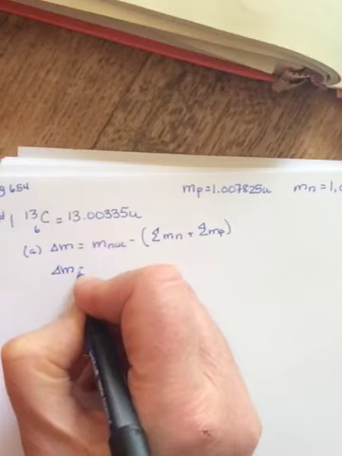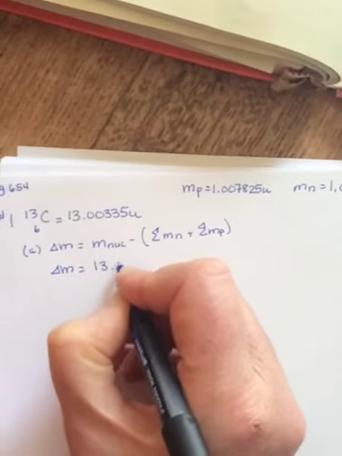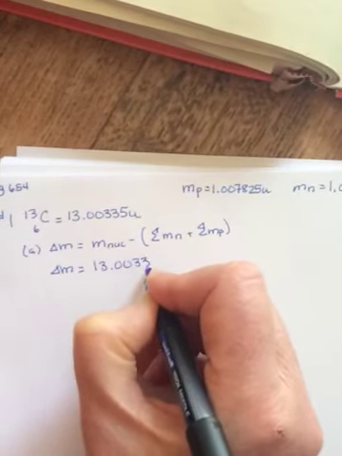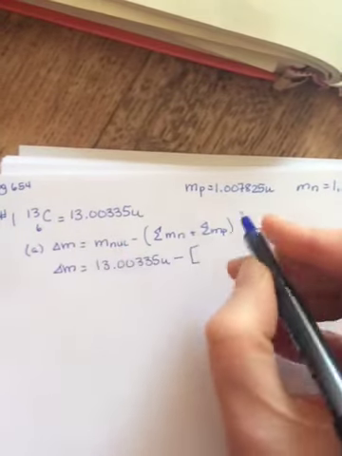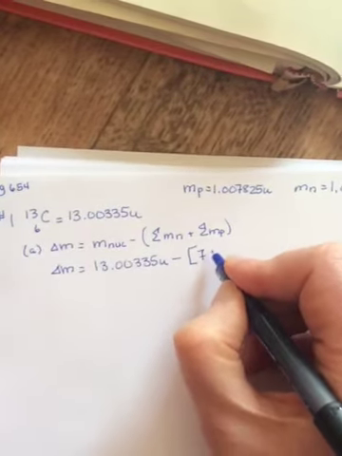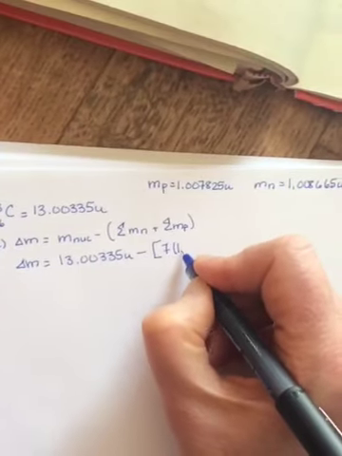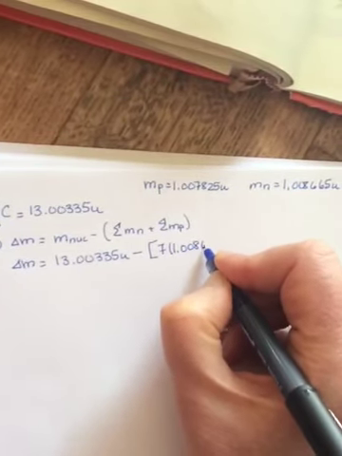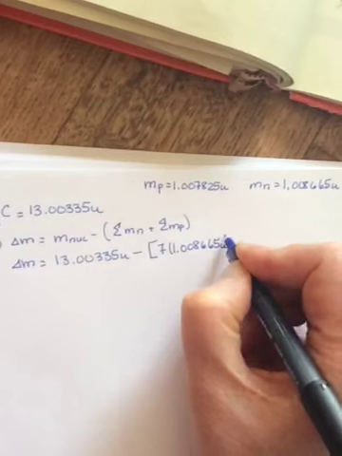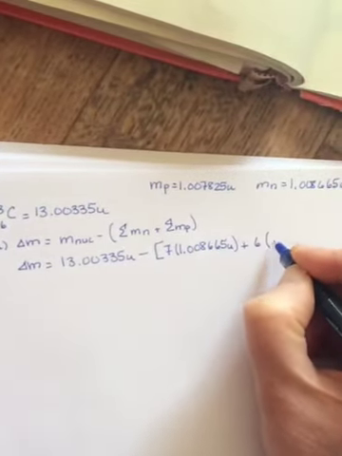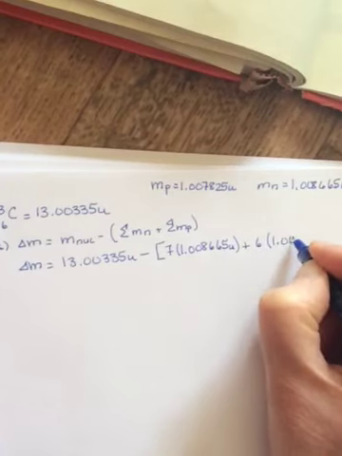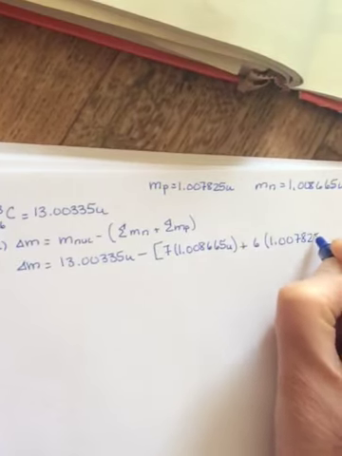So our mass defect is going to be 13.00335 U minus, so in carbon 13 there are 7 neutrons, so 1.008665, you're going to multiply that by 7, plus, and there are 6 protons, so 6 times 1.007825.